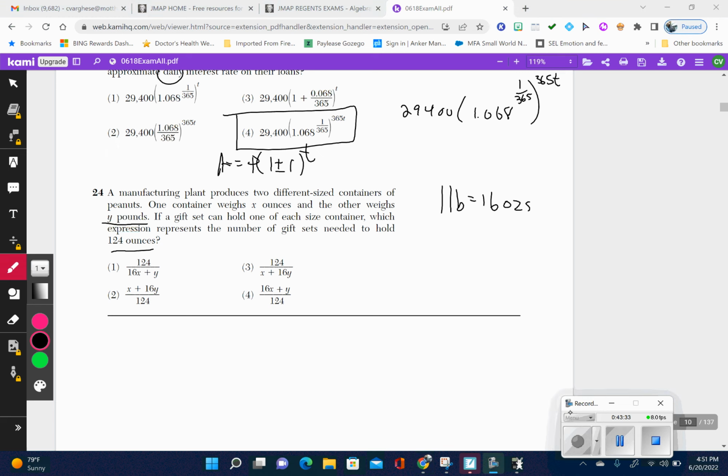The easiest way to think about this question is it's needed to hold 124 ounces. So we're going to have to convert everything into ounces. The x is already in ounces, so you could leave that there. But the other one is y pounds, so we need to convert this. There are 16 ounces in a pound, so we have to take the number of pounds and multiply it by 16. And that is answer choice number 3.